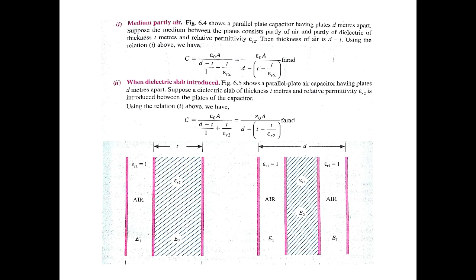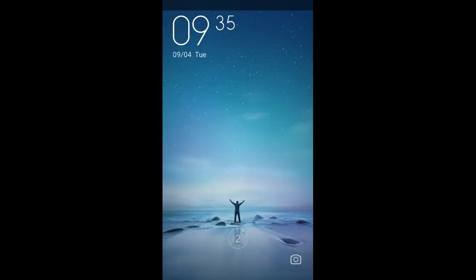If we introduce a dielectric slab, some kind of dielectric material other than air, in between the conducting plates, then what will happen to the capacitance value? Suppose the total thickness of the insulated medium is D, and the dielectric slab thickness is T, between two charged plates.